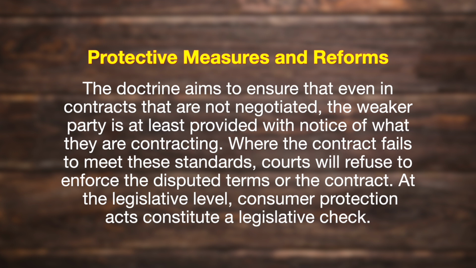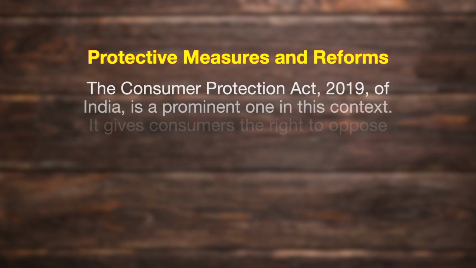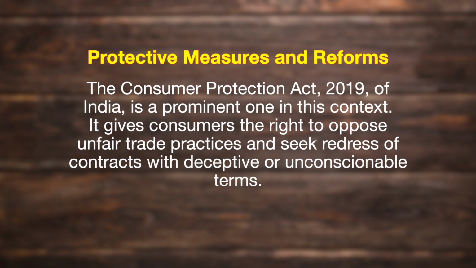At the legislative level, Consumer Protection Acts constitute a legislative check. The Consumer Protection Act 2019 of India is a prominent one in this context. It gives consumers the right to oppose unfair trade practices and seek redress of contracts with deceptive or unconscionable terms.